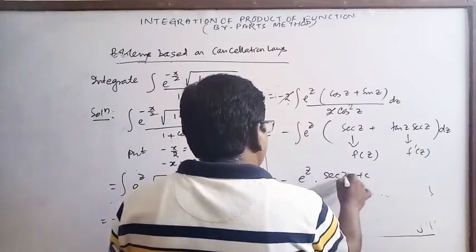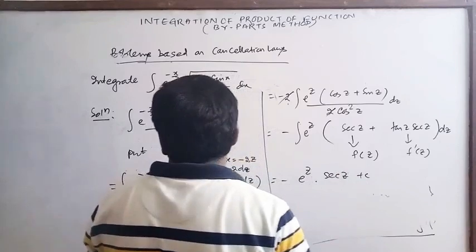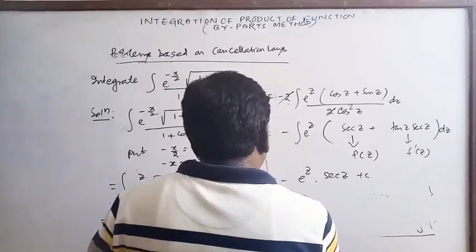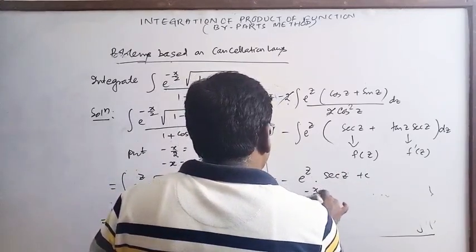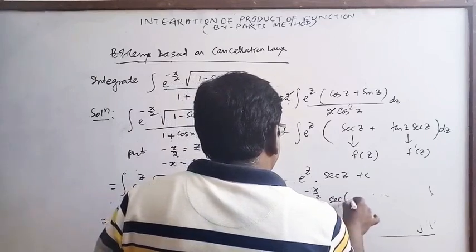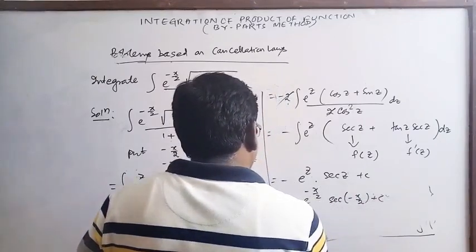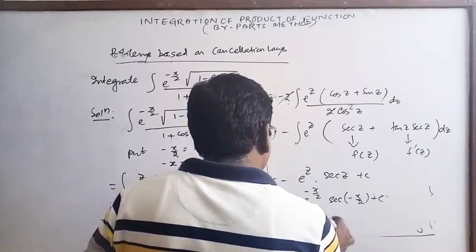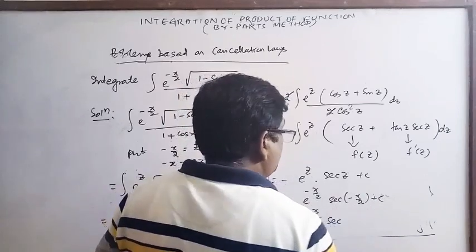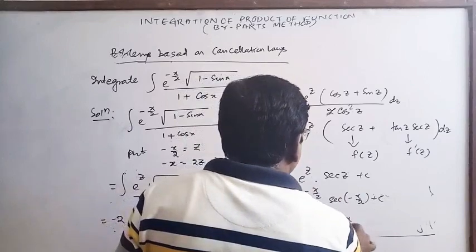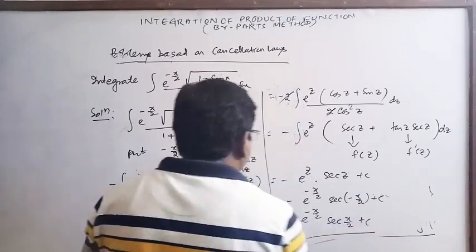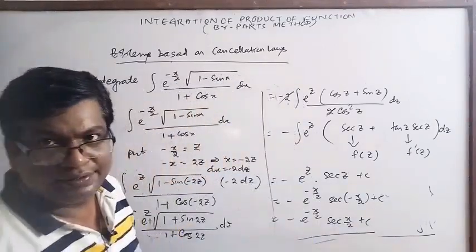So what is z? z means minus x by 2, so e to the minus x by 2 sec of minus x by 2 plus c, that is equal to minus e to the minus x by 2 into sec of minus theta equal to sec theta, so sec x by 2 plus c. This is the answer.